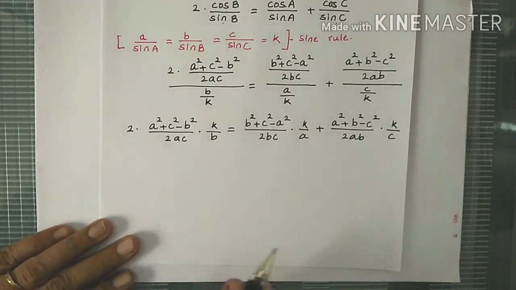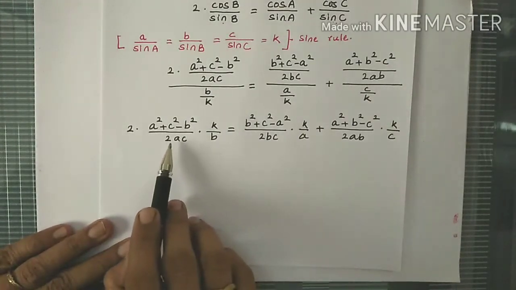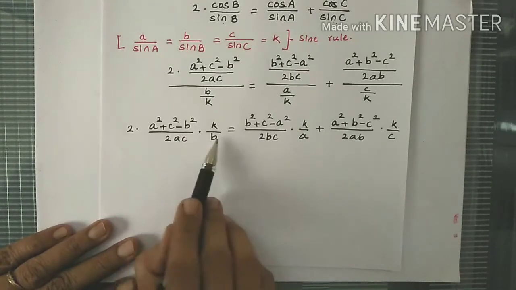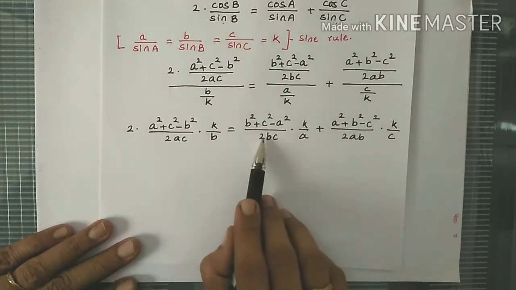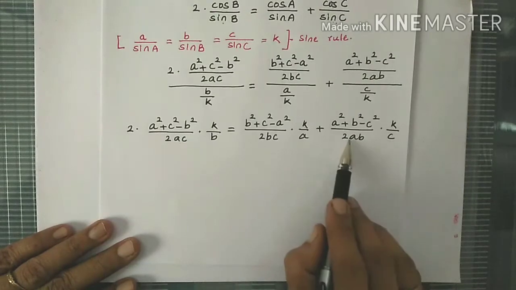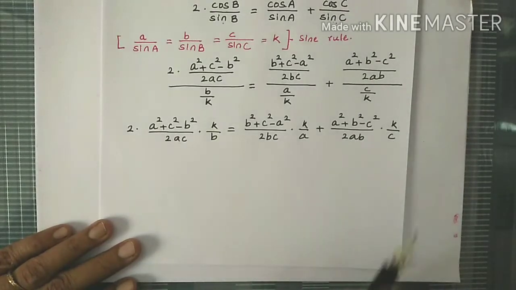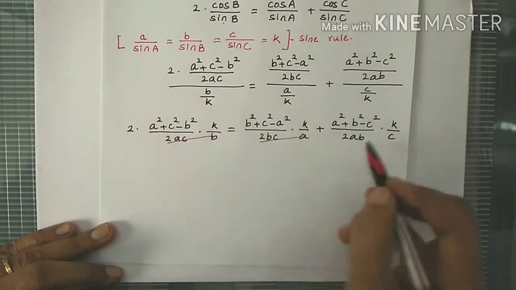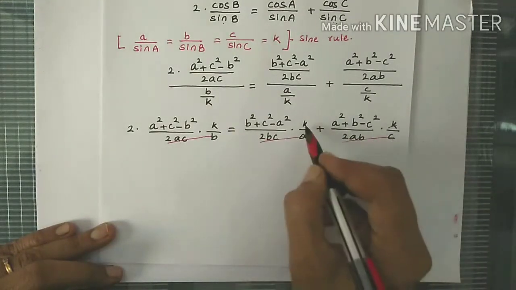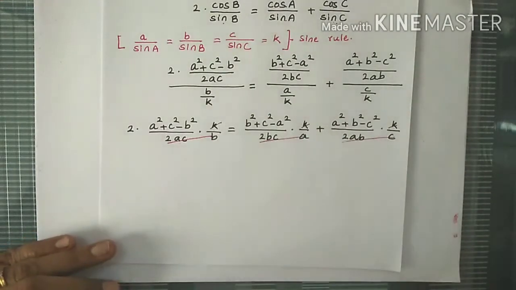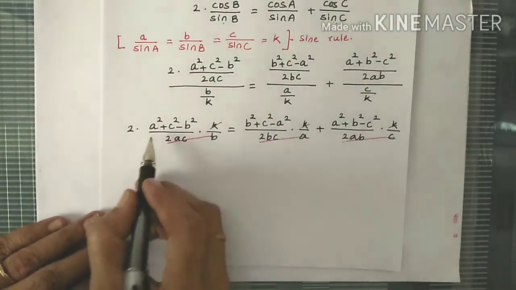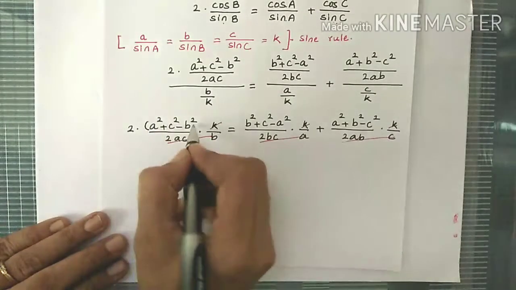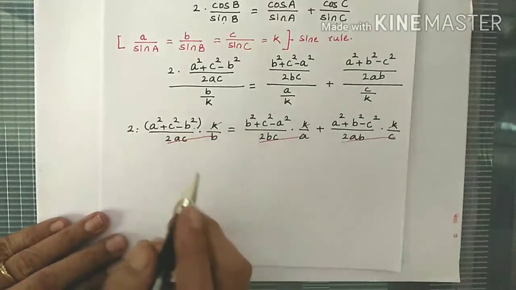Now let's see what the denominator is. In the first one, the denominator is 2abc. Here also the denominator is 2abc, and here also it is 2abc. So we can cancel the denominator 2abc, and we can cancel k. Cancelling these terms, we have to multiply these terms by 2, as it is 2 into the bracket.